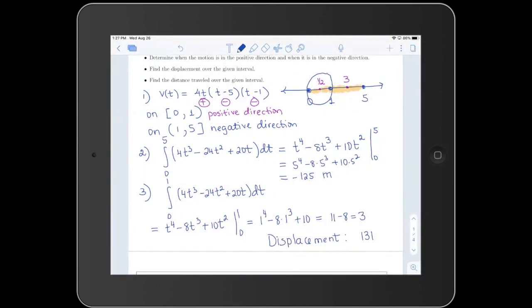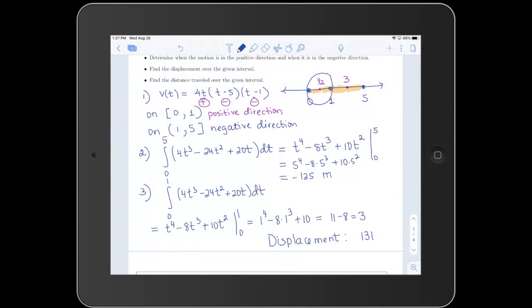What did they get, 125 as well? On the displacement, they got negative 125 meters. Okay. The other gentleman asked if step 2 should have been from 1 to 5, but it should have been the second part of step 3 that is 1 to 5, correct?